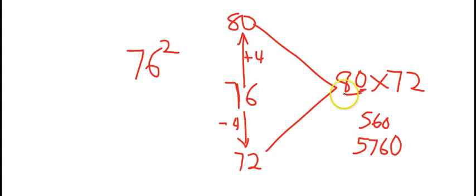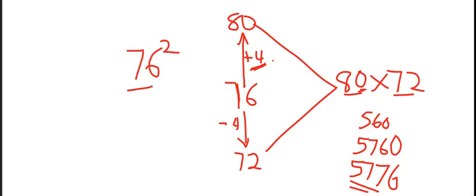And so 80 times 72 is 5,760. Then I'm going to square the difference 4 here. When I square 4, I know it's going to give me 16. So I'm going to add 16 to 5,760. So that will give me 5,776. And so 76 squared is 5,776. I think that is very cool.